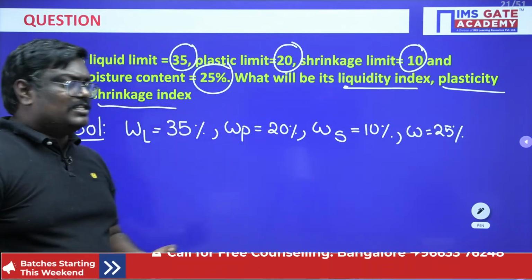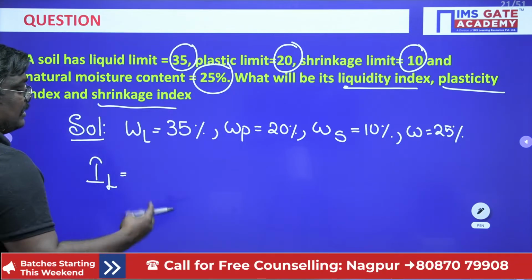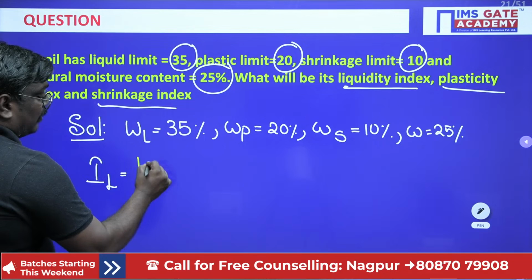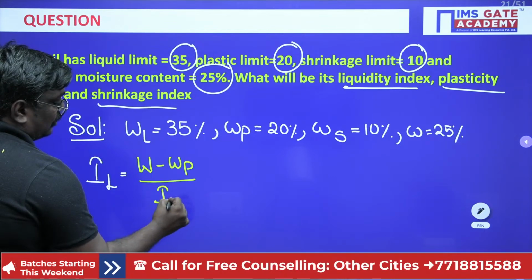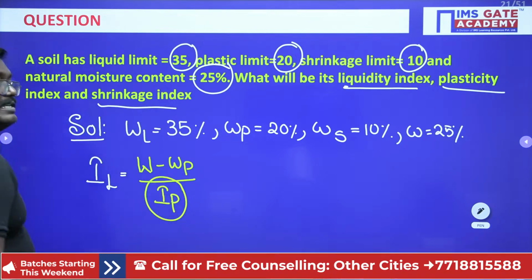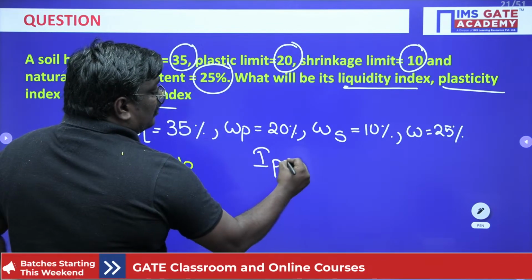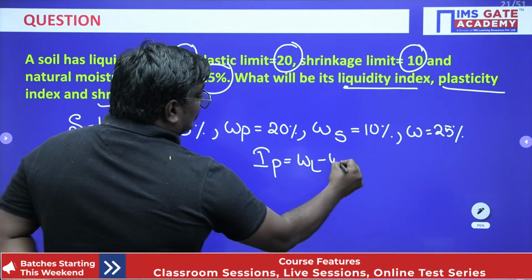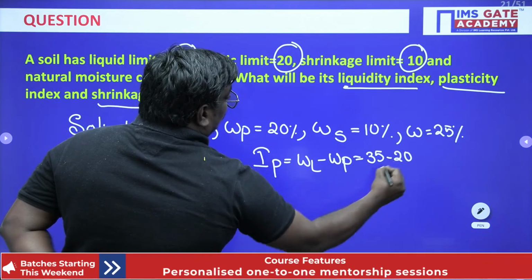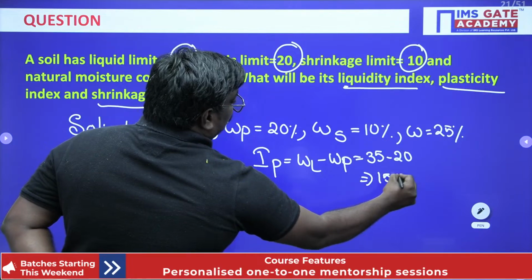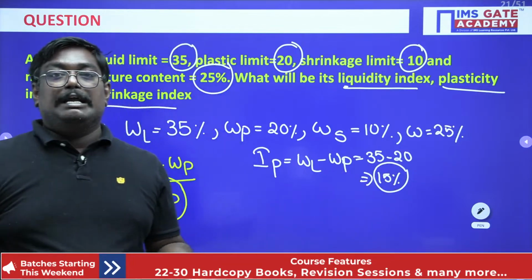Srujana, can you give a try on this problem? The liquidity index is given by the formula (W minus WP) upon IP. What is IP, my dear students? IP is nothing but the plasticity index. IP is calculated as WL minus WP, which is 35 percent minus 20 percent, equal to 15 percent.